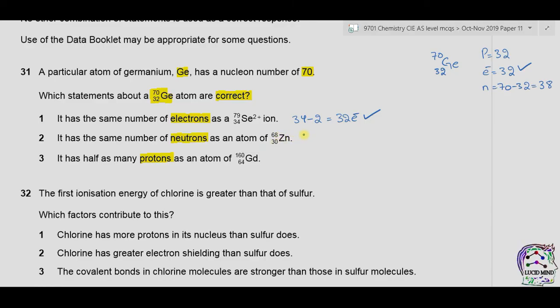Let's find the number of neutrons in zinc. 68 minus 30 equals 38 neutrons. This is also similar to the one present in germanium. 3. It has half as many protons as an atom of Gd 160 64. Now the number of protons in Gd is 64, while half of that will be 32, and 32 protons are present in germanium. As all 3 options are correct, the answer is A.